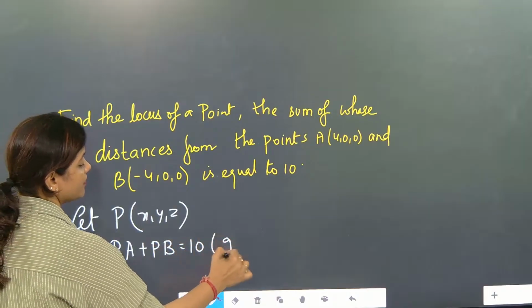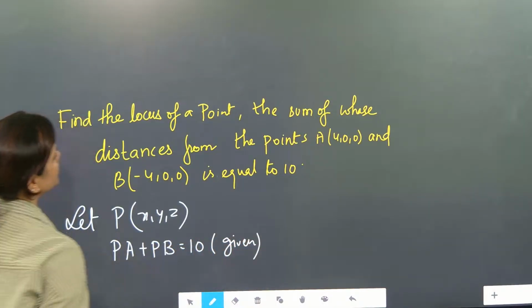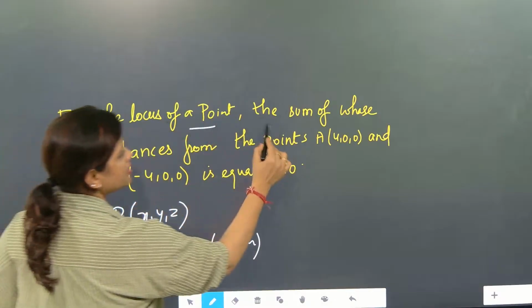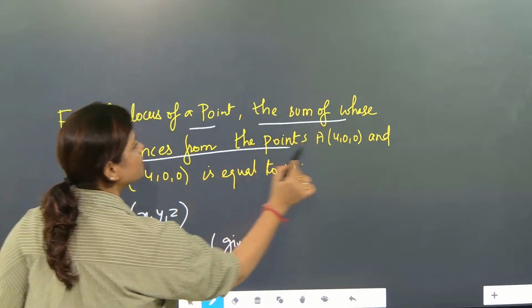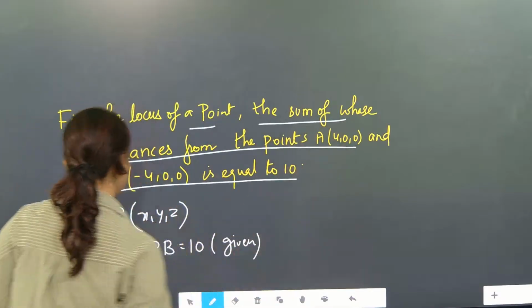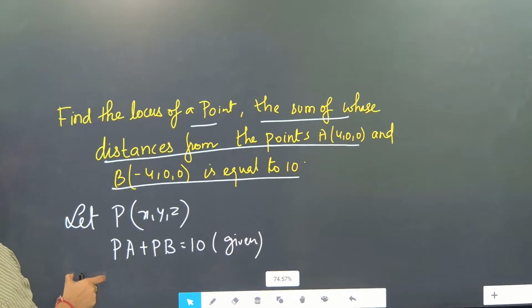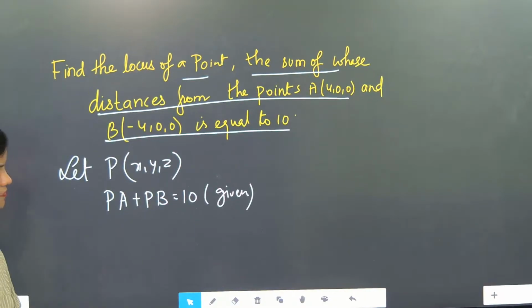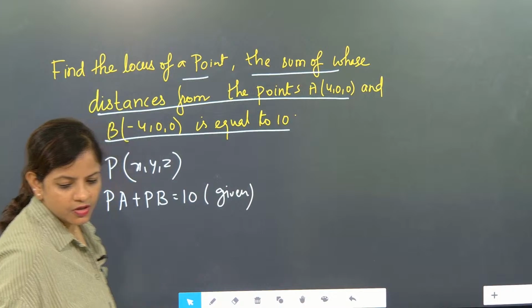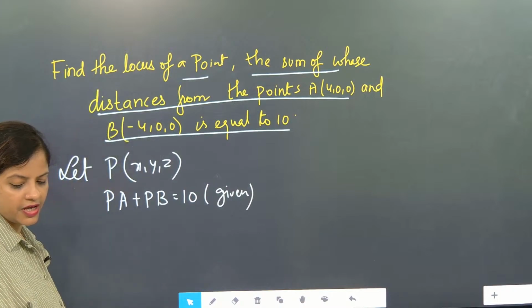This is exactly given. Understood? So this is the question: the locus of point P, the sum of whose distances from points A and B is equal to 10.